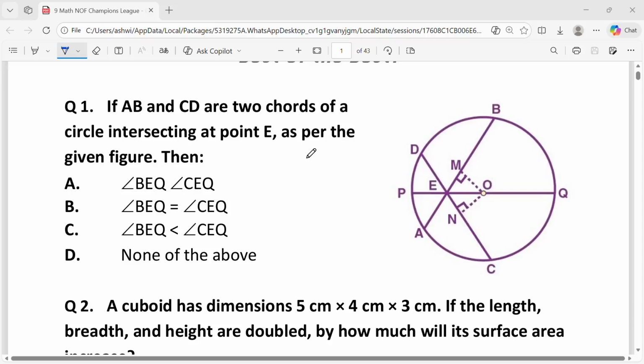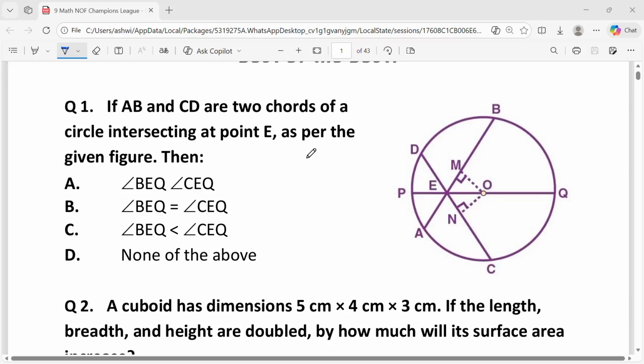In the given figure, the dashed lines from the center O to the chords AB and CD at midpoints M and N are perpendicular, which indicates that the chords AB and CD are equal in length and equidistant from the center.